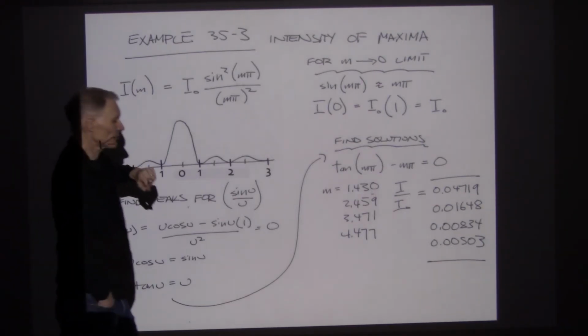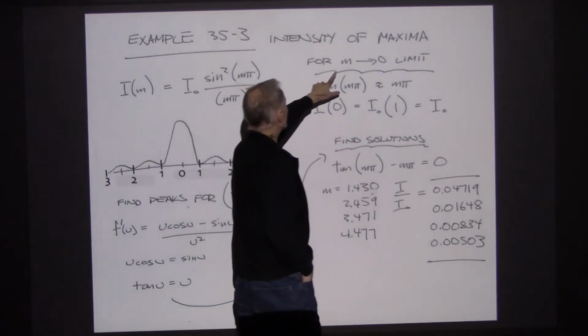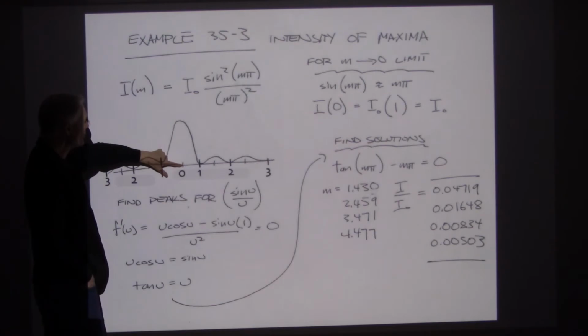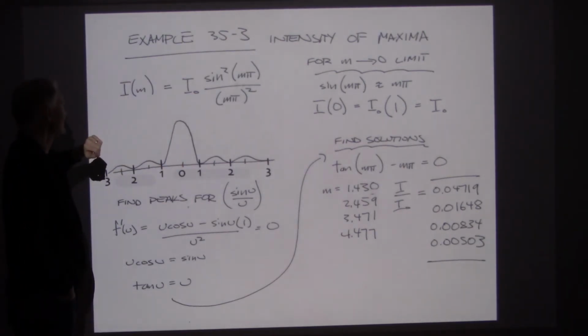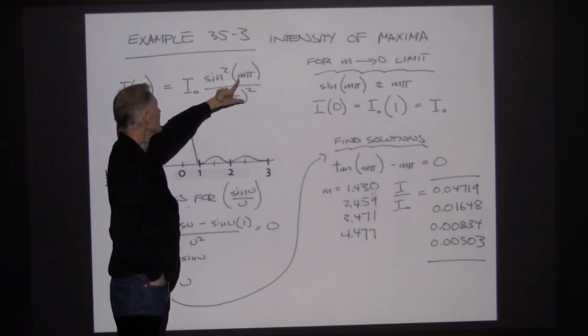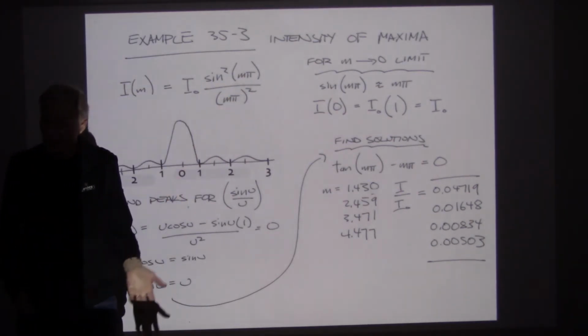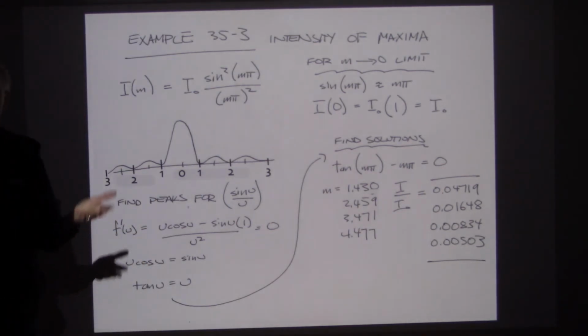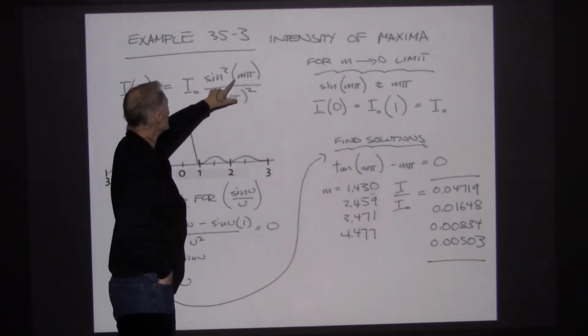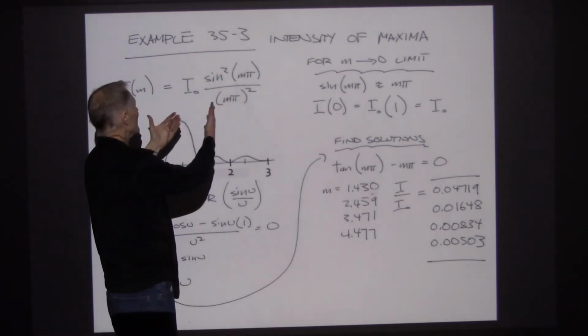What happens in the limit as we approach m equals 0? What is the intensity right at the center? I can put an m equals 0 in here. That becomes the sine of 0, which makes it look like 0, except the denominators go to 0 at the very same time. So if m goes to 0, I can't just plug the numbers in.